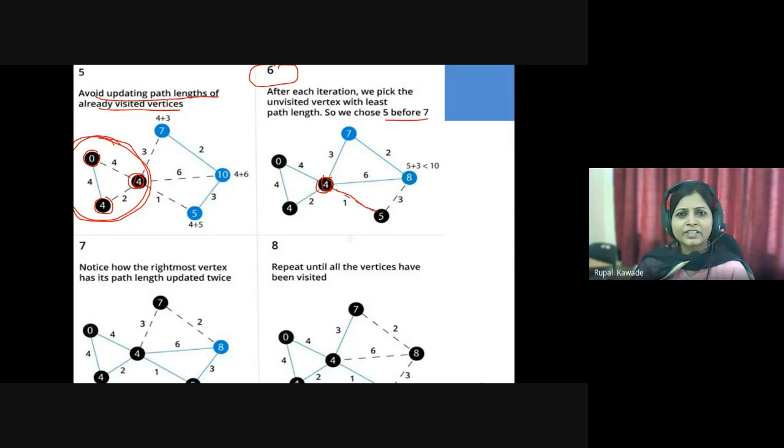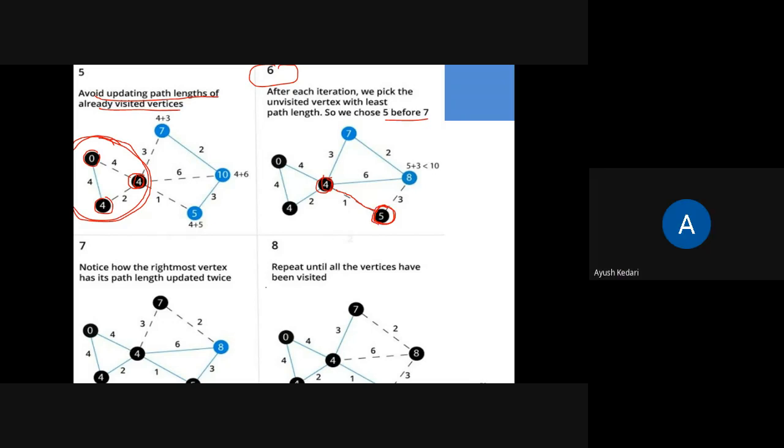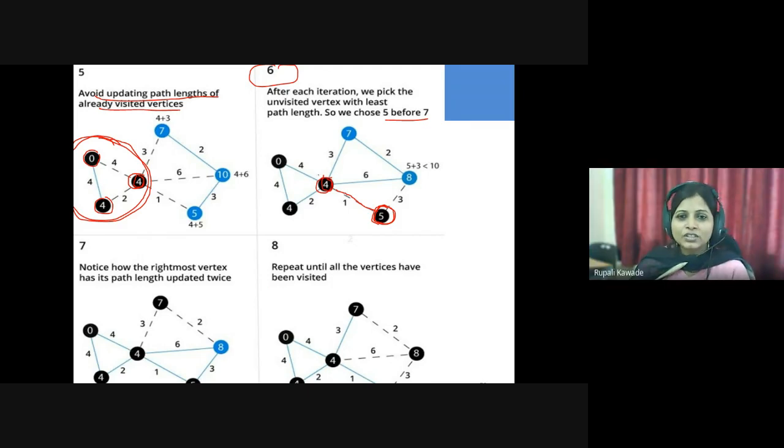Now, can anyone tell me how this path length has become equal to 5? Yes, 4 plus 1, 5. Right, because this 4 indicates its own path length from the starting vertex is 4, and there is one more cost.